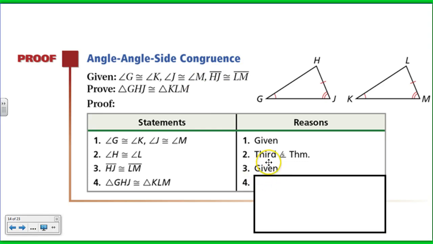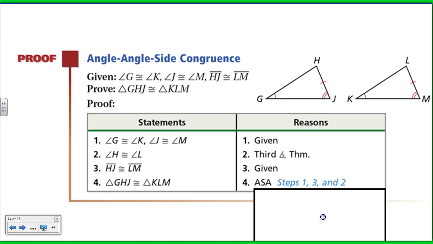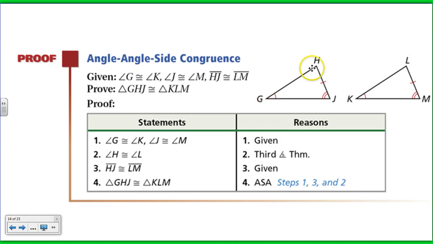Okay, so now we can say triangle GHJ is congruent to KLM, and that is by ASA. We know H and L are congruent, so we have ASA.